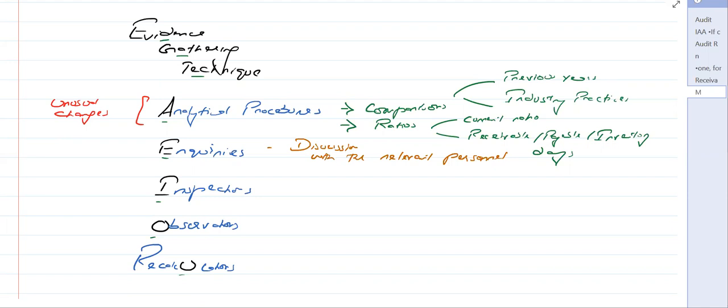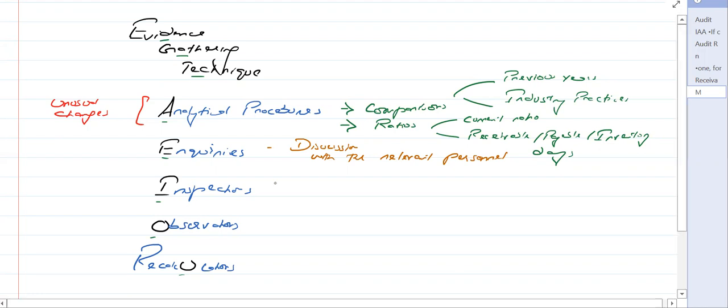So what you need to do is ask the finance director, discuss with the finance director, inquiries from management regarding the rationale or the basis of the accounting estimate that is being changed, and confirm the reasonableness of those accounting estimates. So discussion with the relevant personnel. Remember this thing, discussion always with the relevant personnel.